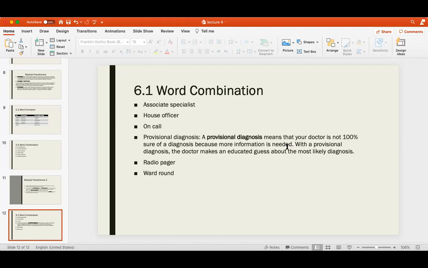This is called provisional diagnosis. With a provisional diagnosis, the doctor makes an educated guess about the most likely diagnosis. We have radio pager and we have word round.